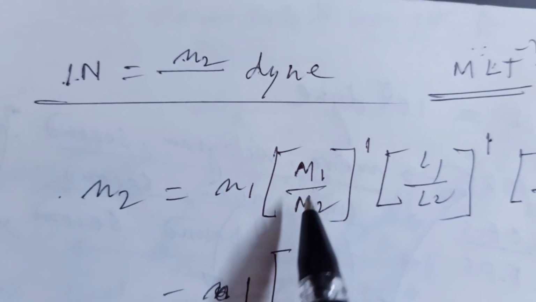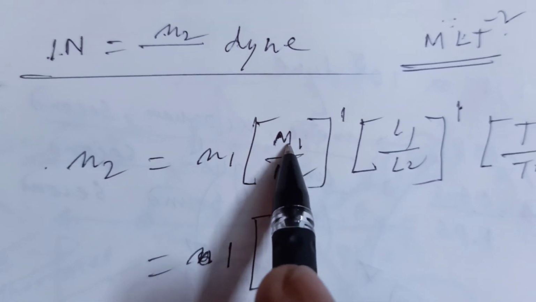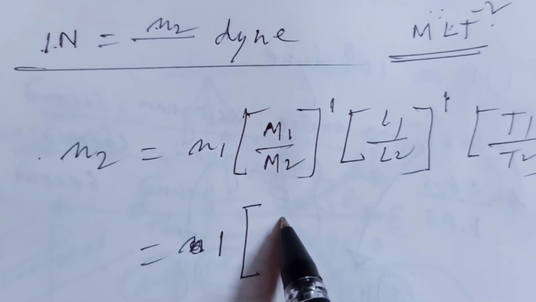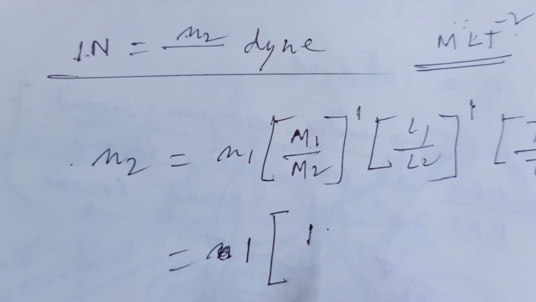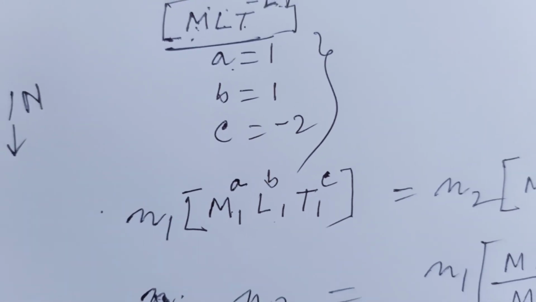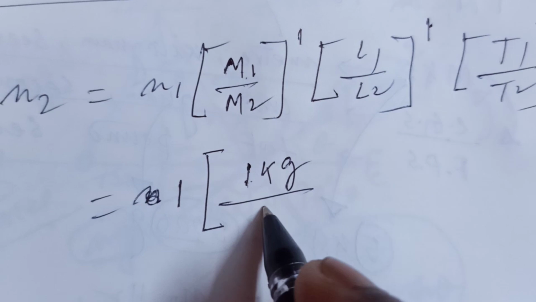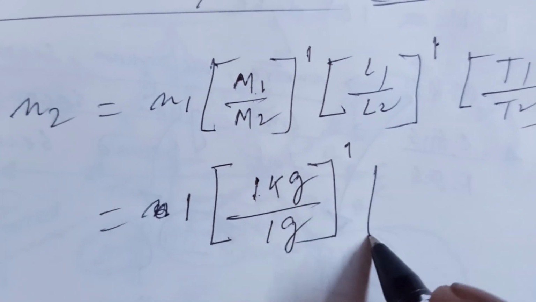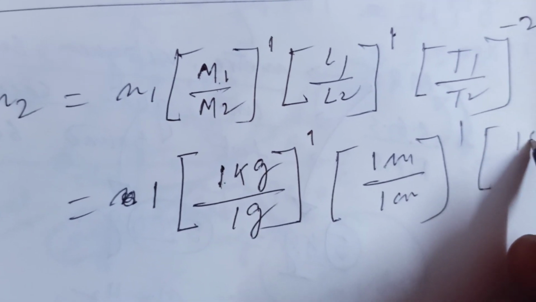Then M1 is the mass in the SI system, so we can write 1 kg by M2, which is 1 gram, to the power of 1, and then 1 meter by 1 centimeter to the power of 1, and then 1 second by 1 second.